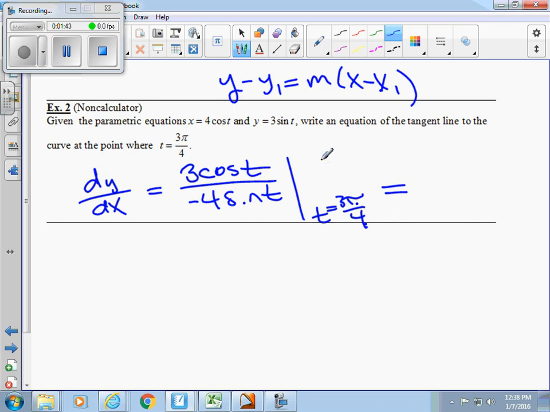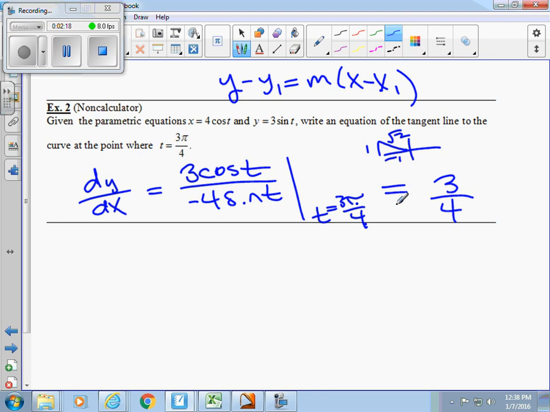We might need to do a little work to get that. 3π/4 is in quadrant 2. It is a 1, 1, radical 2 triangle. So if you forgot the unit circle, draw a picture. It will be okay. So cosine would be negative 1 over radical 2. Sine would be positive 1 over radical 2. Because those are the same thing except opposite signs, they will divide out to just give you 1, and that's where the 3/4 comes from. However, it is positive 3/4 because one of them was negative.